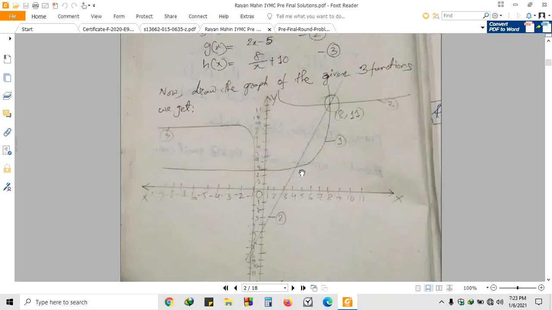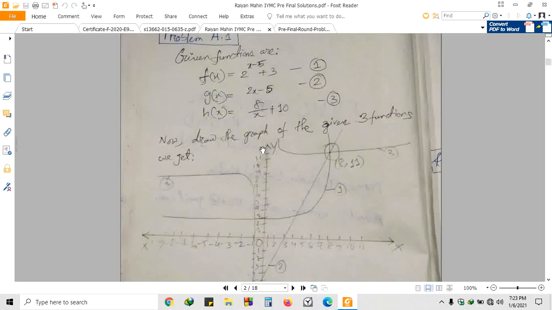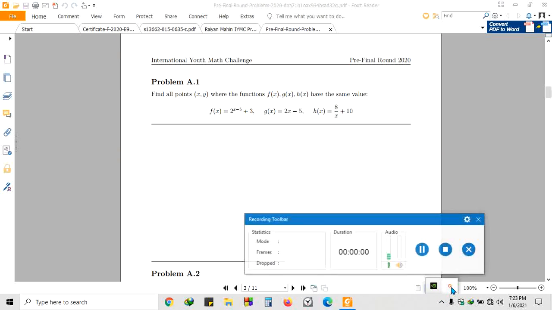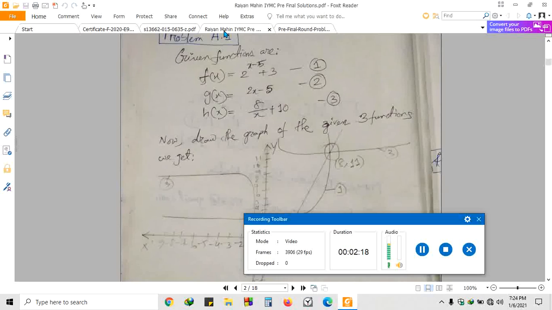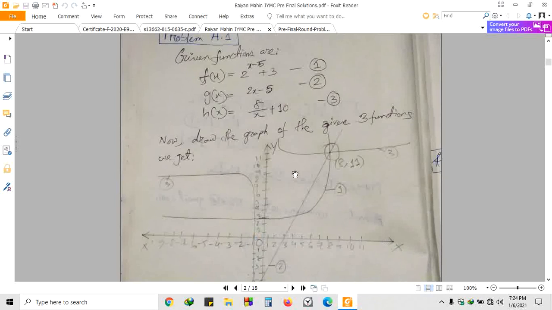like here, and then we can see that these three functions intersect at the point 8 and 11.